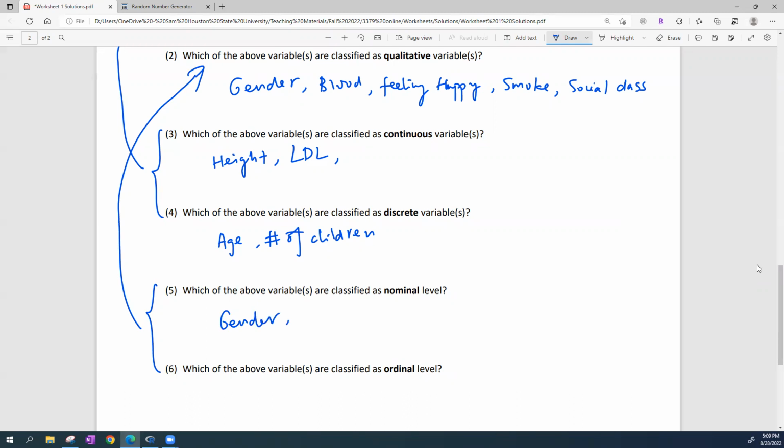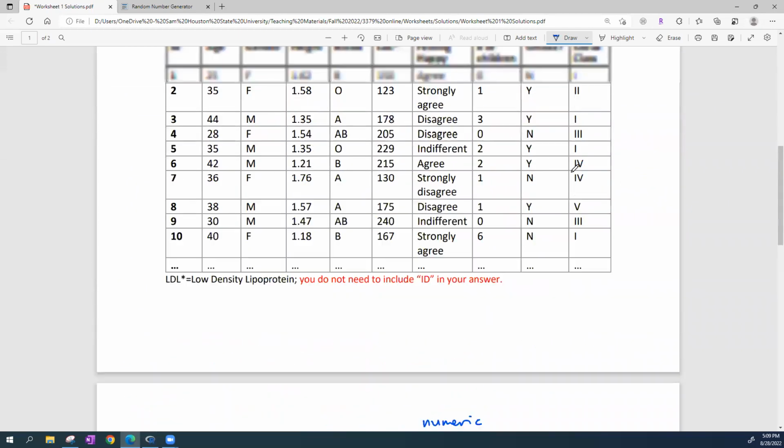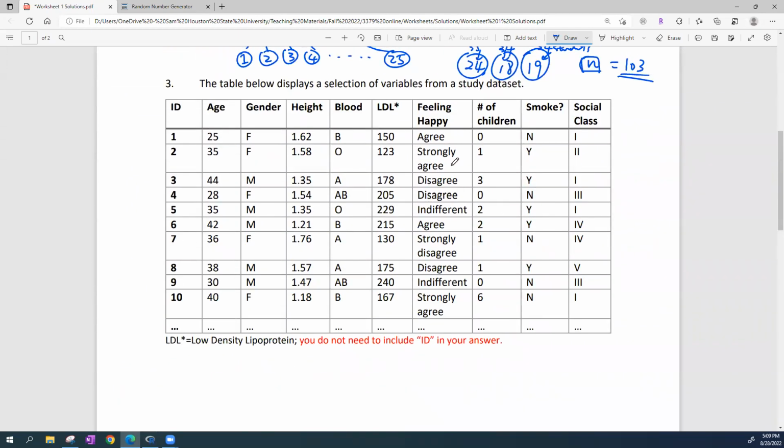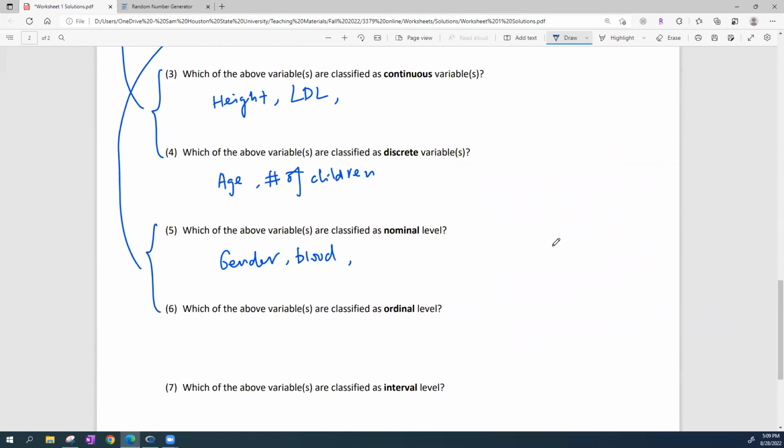And blood, no order. Feeling happy? Let's look at that. Agree, strongly agree, disagree, indifferent. So there is an order there, right? So that's ordinal.